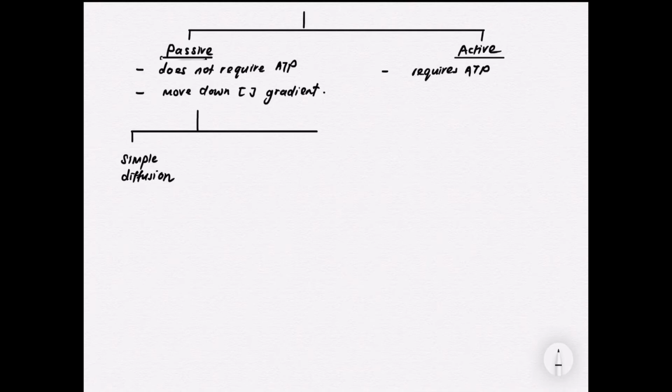We have molecules that are small, uncharged, non-polar, so they can pass through the phospholipid bilayer hydrophobic core. Examples, oxygen and carbon dioxide. All lipid-soluble substances.